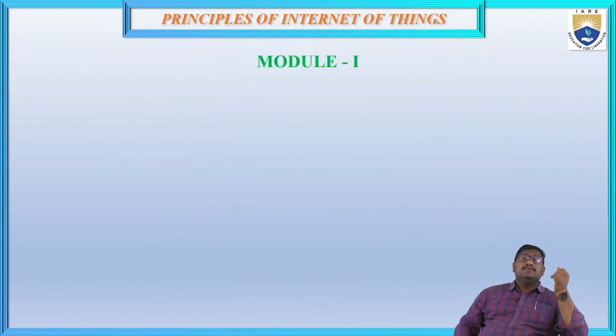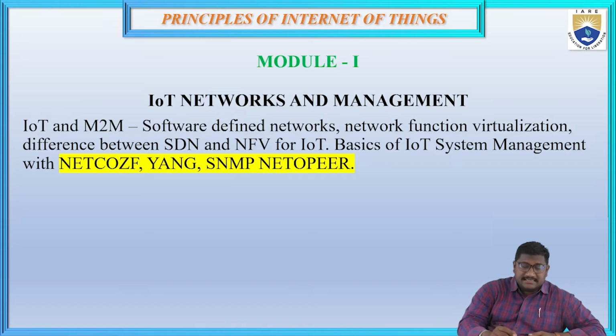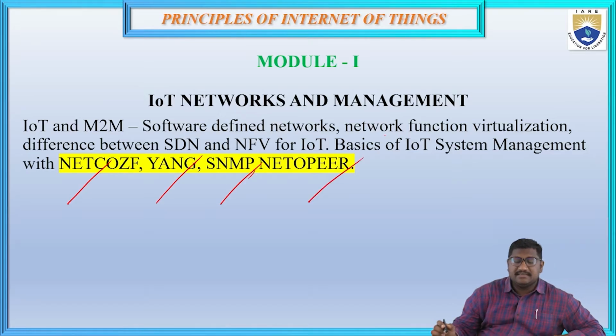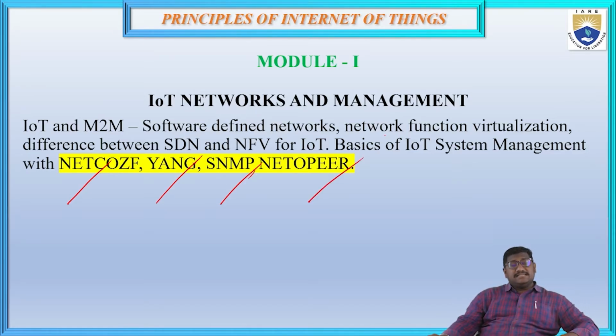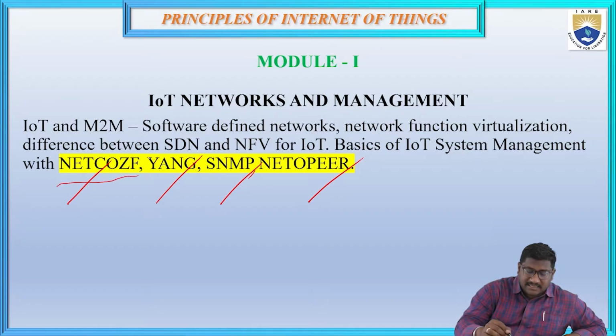In today's module, we are going to discuss majorly NETCONF, the YANG model, SNMP, and NETOPEER. These are the four different things which are going to be used in IoT system management. Today we are focusing on what NETCONF is, what YANG is, what SNMP is, and what NETOPEER is.